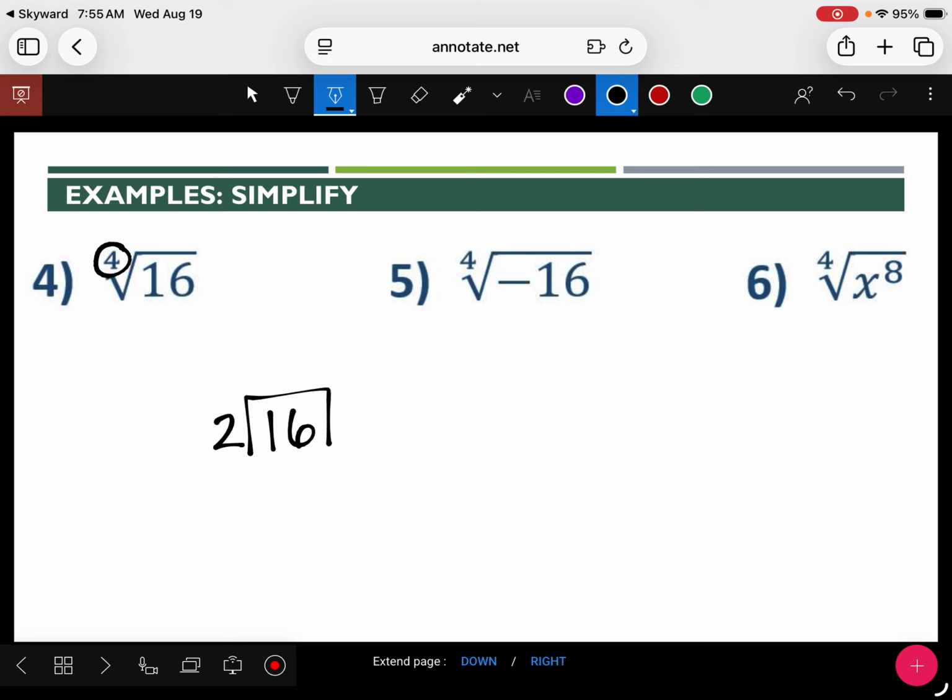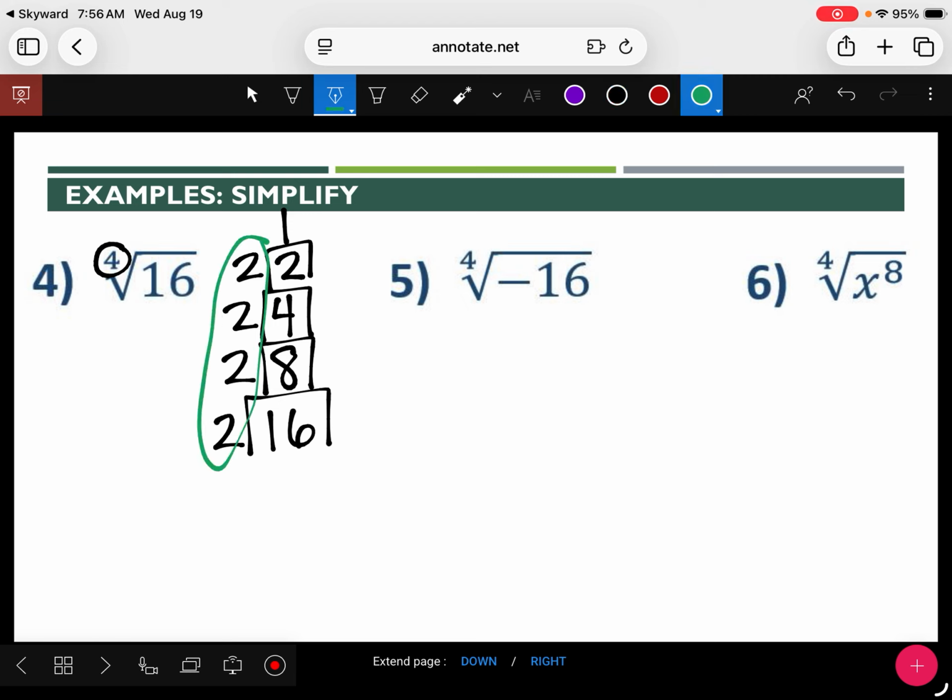You're just going to keep dividing it by 2 until you get your 1 at the top. So, what do we have a set of quadruplets of? 2. So that would be my answer. I didn't have anybody left out, so the answer to number 4 is simply 2.